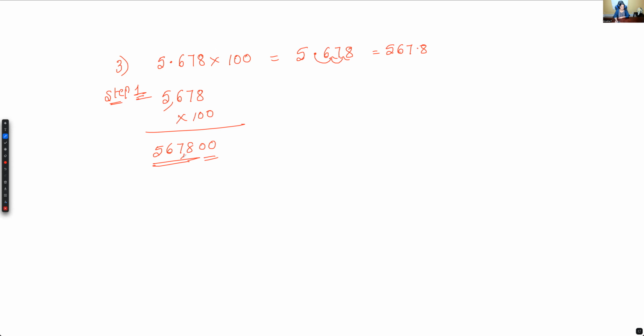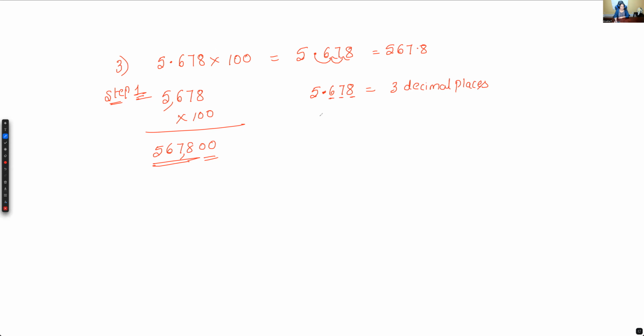567,800. Okay. Now we will count the decimal places. That is our step 2. In 5.678, we have 3 decimal places. The decimal places is nothing but after the decimal point, how many digits you have. Here we have 3 digits. So we will write it as 3 decimal places.